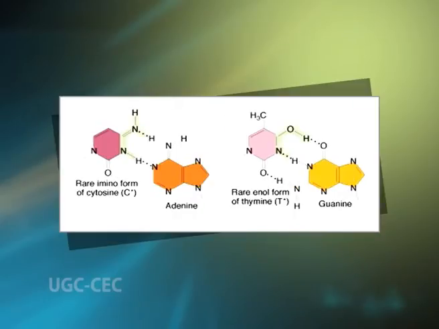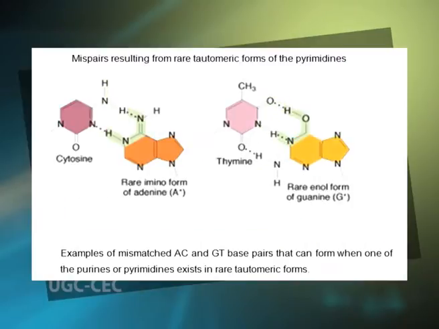In this next figure, you can see the mispairs resulting from rare tautomeric forms of the pyrimidines. In this figure, you can see various examples of mismatched AC and GT base pairs that can form when one of the purines or pyrimidines exist in rare tautomeric forms.